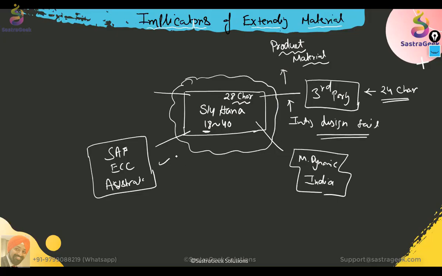The same thing can also happen with this system. If your periphery system does not support the character length which you are increasing, then your integration design will fail. Either you need to say that, okay, we are not extending it, we'll still maintain 18, or in between in this design, you need to do some enhancement again, or write some kind of mappings, so that all of your BAPIs, IDocs, or other things which are processed outside would still be operating.